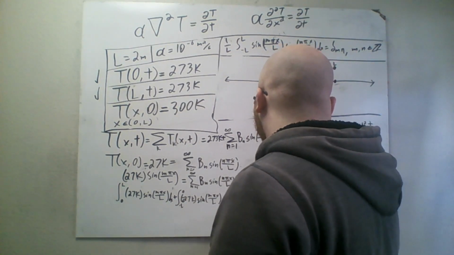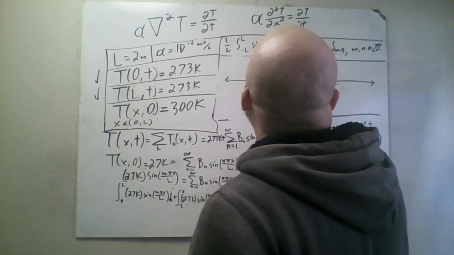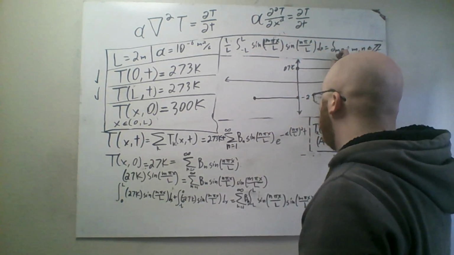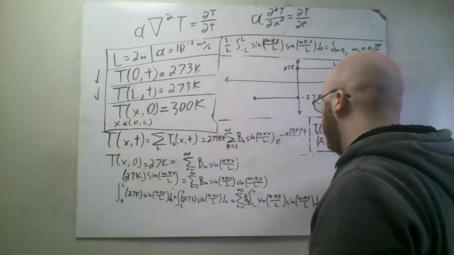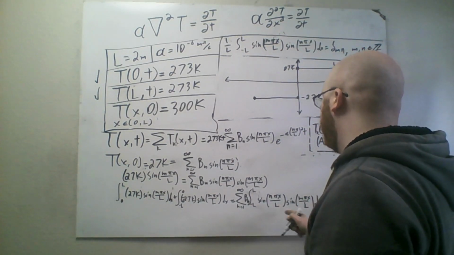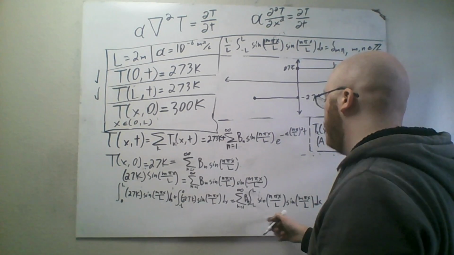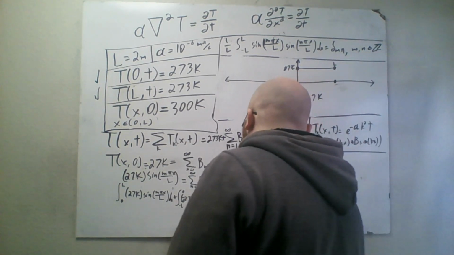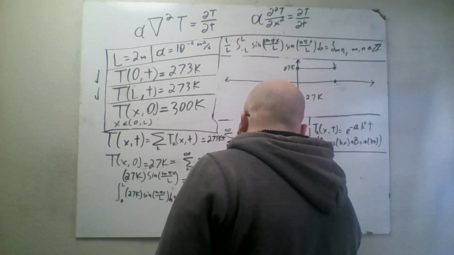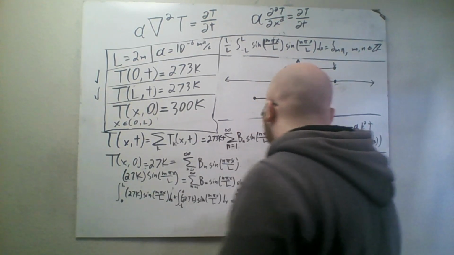Okay, so now, once again, if we look up here, this basically becomes 1 if these two are the same, and it becomes 0 everywhere else. So what this means is if n doesn't equal m, then this is 0. And so the only term that really survives is bm. So this becomes bm.